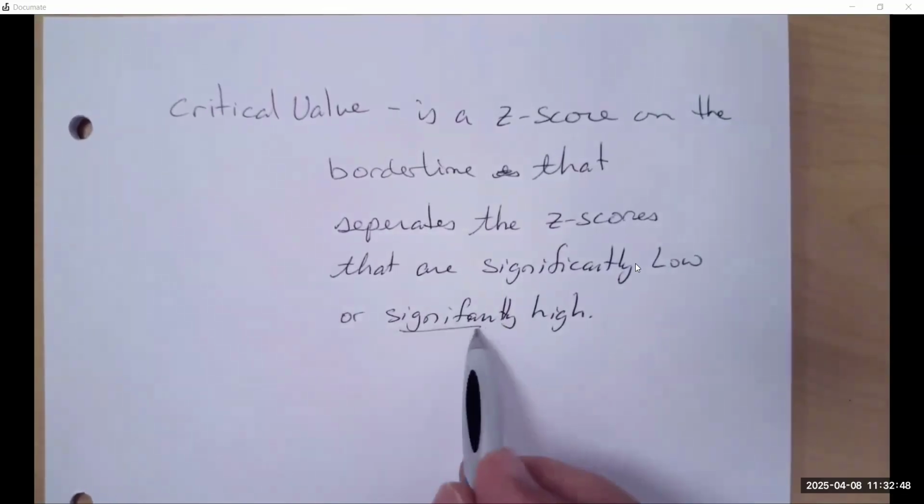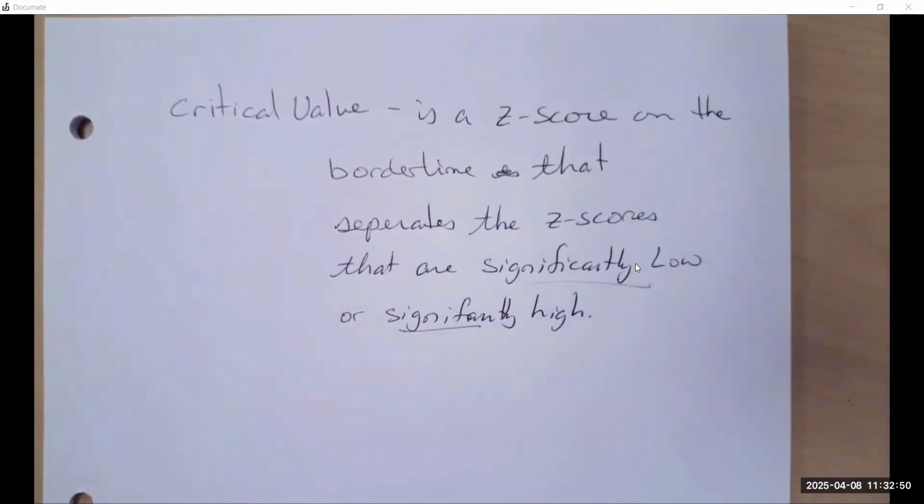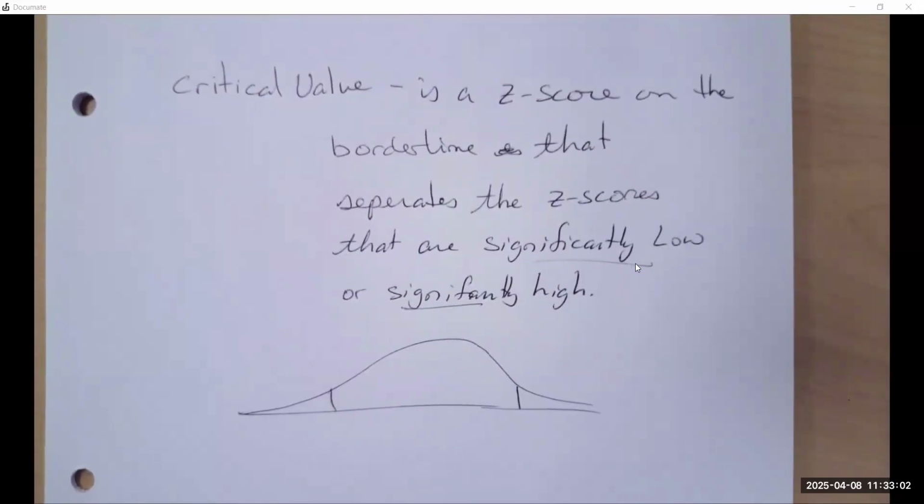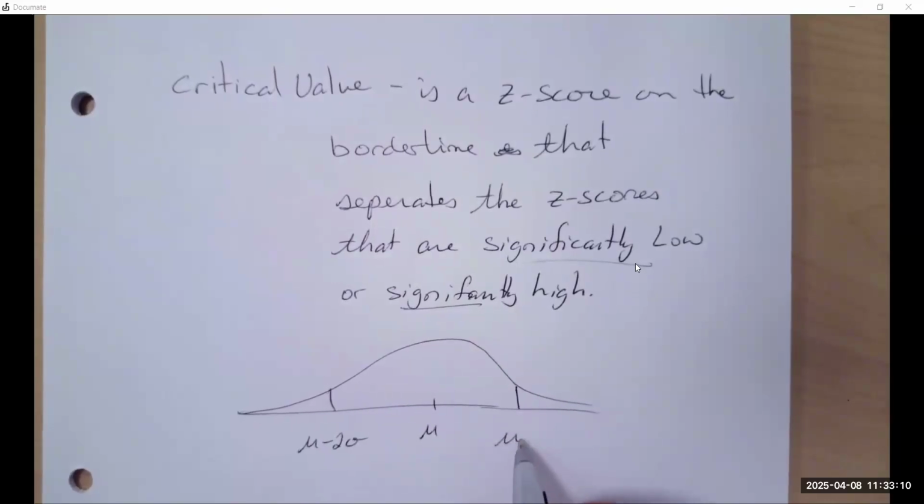Remember when we talk about significantly low, significantly high, what picture do we use? Yeah, we look at a normal curve. And then we have those two lines there. And typically, those two lines are plus or minus 2 standard deviations from the mean.